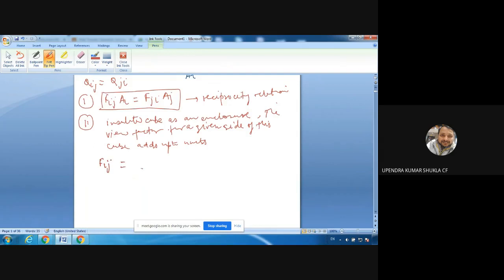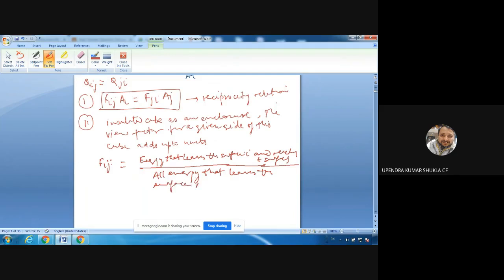Fij is defined as the energy that leaves surface i and reaches surface j in the numerator, and in the denominator, you must have all the energy that leaves surface i.